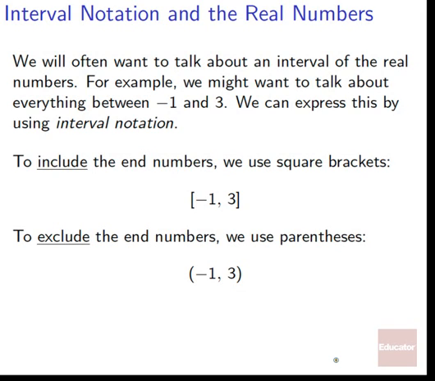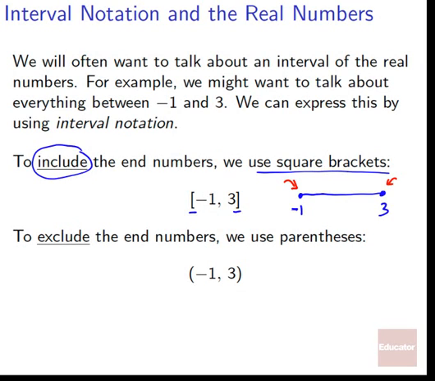If we want to include the end numbers, we want to include -1 and 3, we use square brackets. So square brackets here give us inclusion. They keep those endpoints in it. So we'd go from -1 up until 3, and those points will be there. They are actually going to be part of our interval. -1 and 3, they show up.